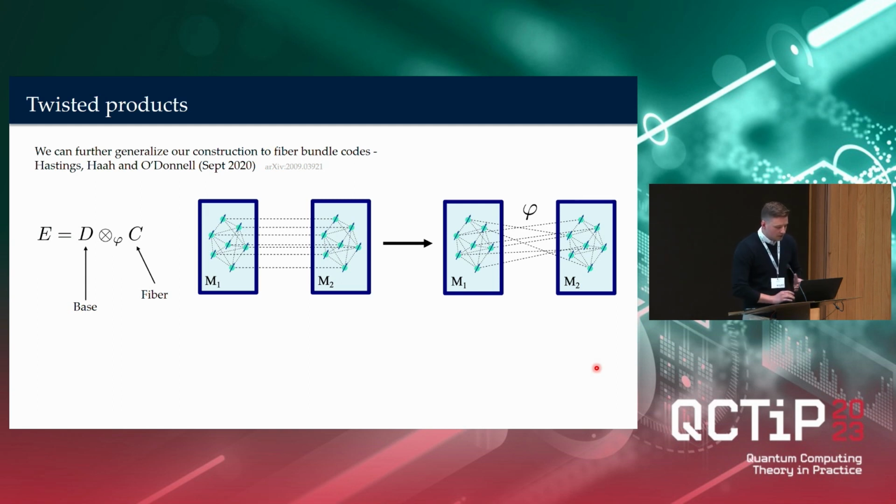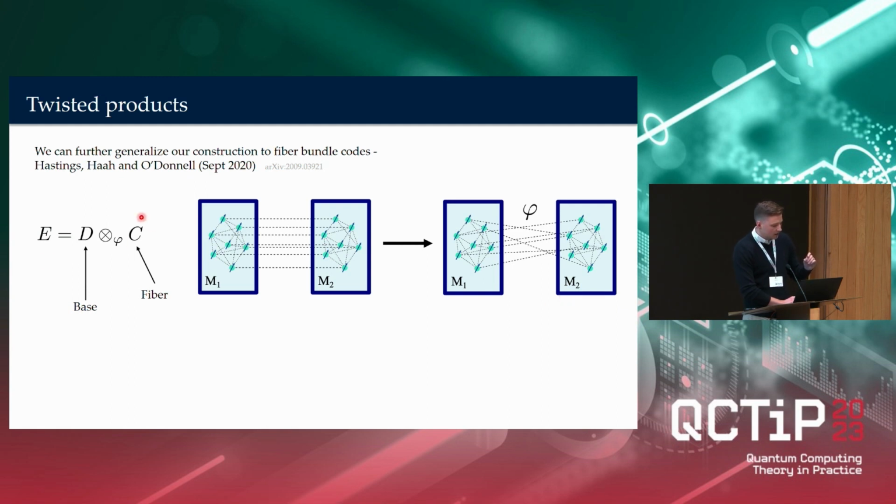We now generalize this formalism so that it's not just respective qubits being entangled with respective qubits to connect module 1 to module 2; we allow twists between these connections. And these twists are what will give us better performing codes.